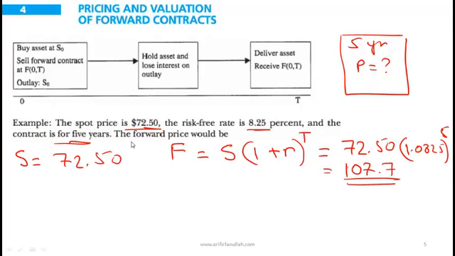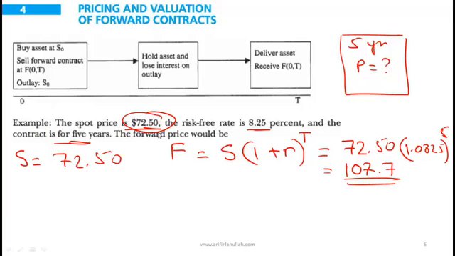Okay, the way you can now look at this is as follows. What's the logic for this formula and why do we use the risk-free rate? If you buy the asset today, the short party, let's say it buys the asset today for 72.50. What's the opportunity cost of having bought that asset?